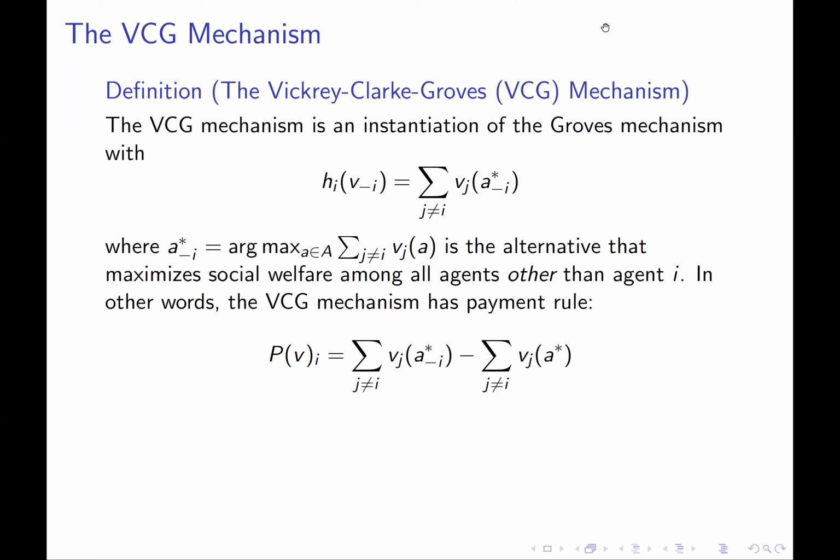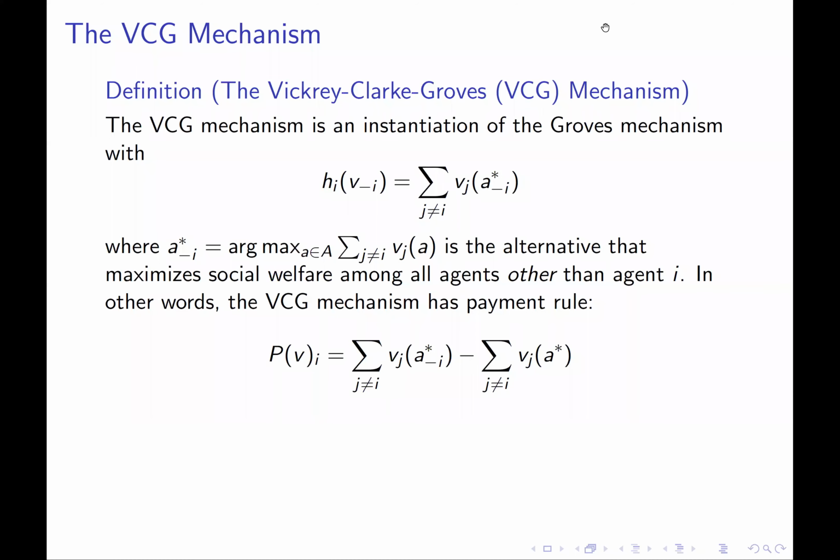It is ultimately going to be a mechanism that solves the mechanism design problem we set out at the beginning in entirely full generality, while satisfying all 4 of the desiderata that we laid out. And it's just going to be the Groves mechanism with a particular clever choice of h.